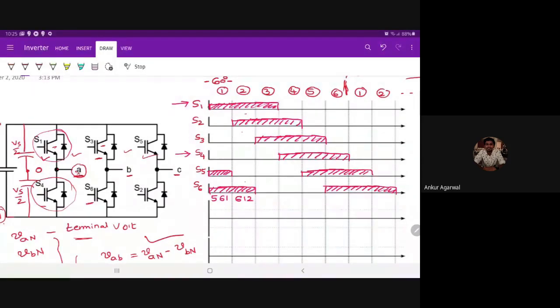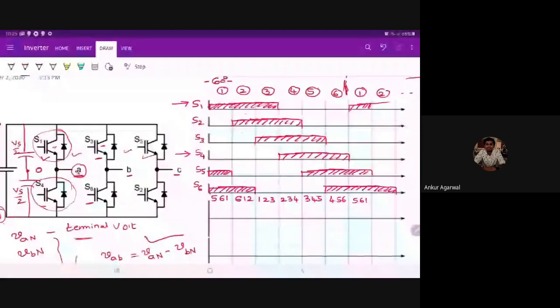In the next 60 degrees, 1, 2, 3, then 2, 3, 4, then 3, 4, 5, and 4, 5, 6.